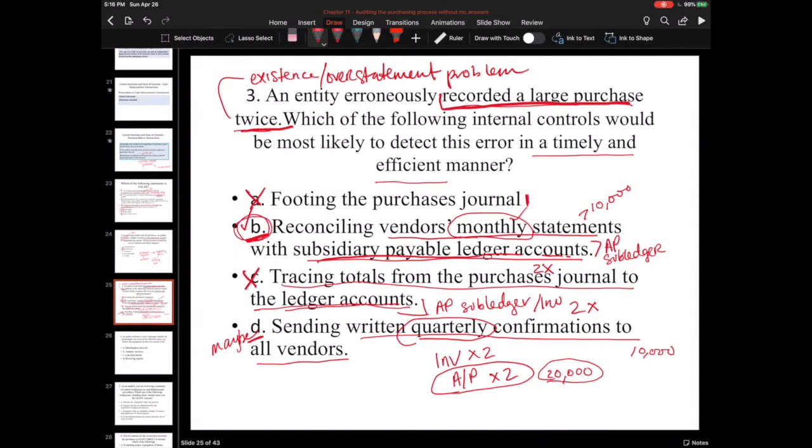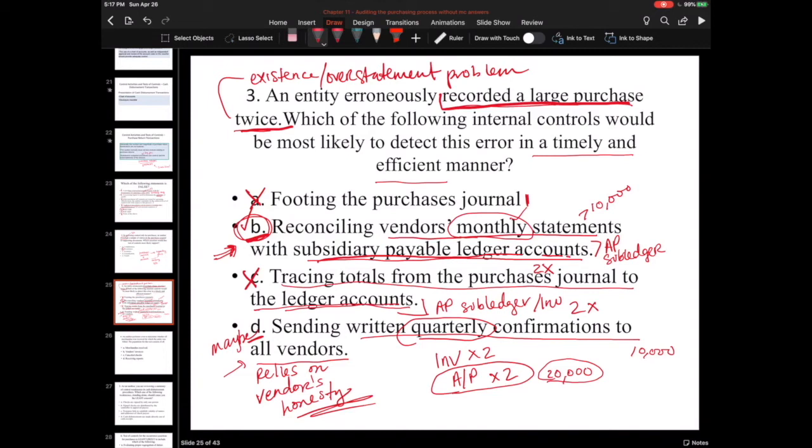But let's talk about the more important reason why B is a better answer. It is because I, as somebody working at this company, am able to do B myself, whereas D relies on vendors' honesty, right? It relies on me saying, hey, I owe you $20,000, and them having this incredible value for honesty in our relationship, and saying, no, you only owe me $10,000, right?